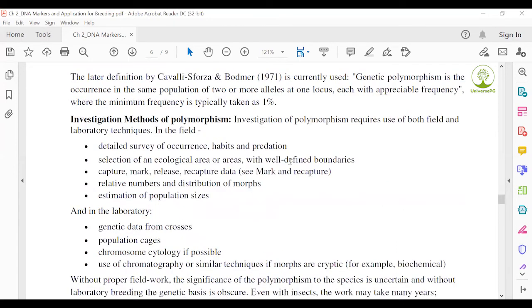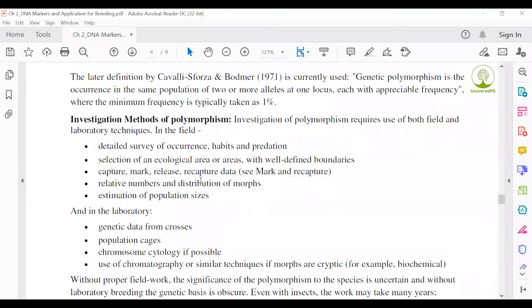Investigation model of polymorphism. How can you investigate polymorphism in plant sciences? First, a detailed survey of occurrence and habits, and prediction. Selection of the ecological area or areas with well-defined boundaries.